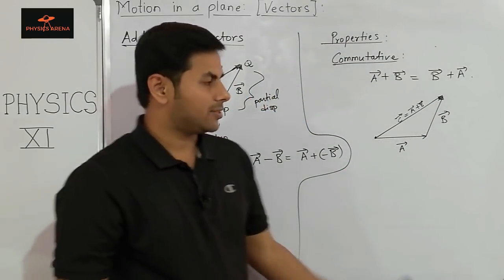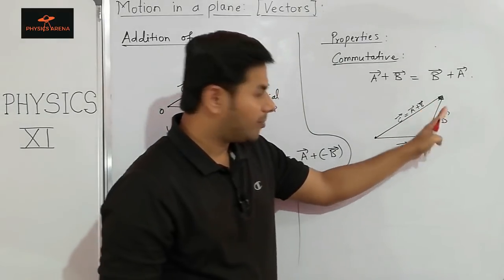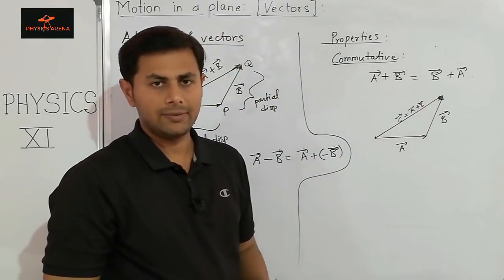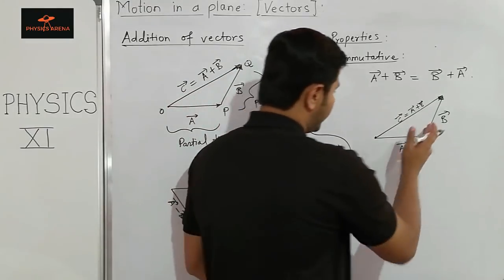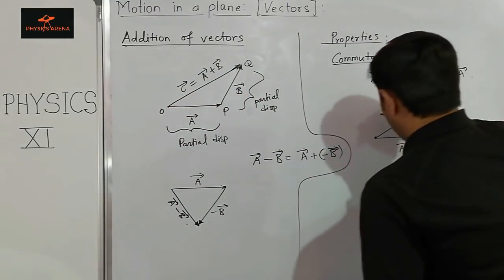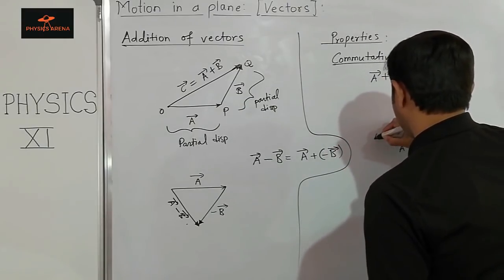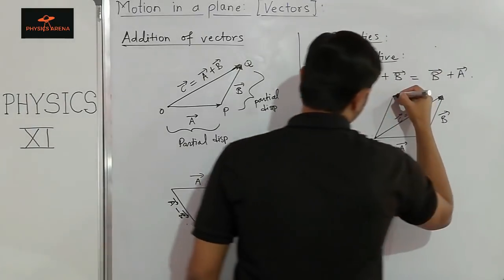Instead of doing this, what I can do is, first I will take b bar and then I will add a bar to it. So let's take b bar at this point. So this is my b bar.